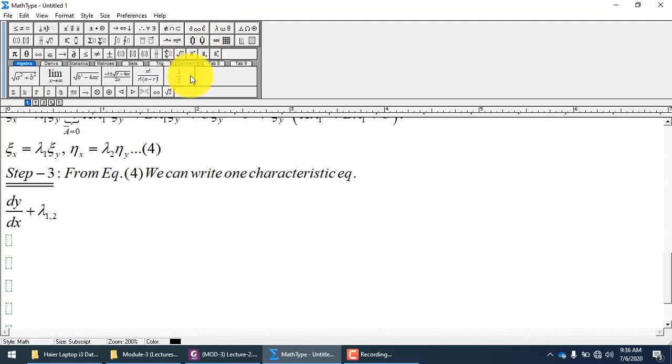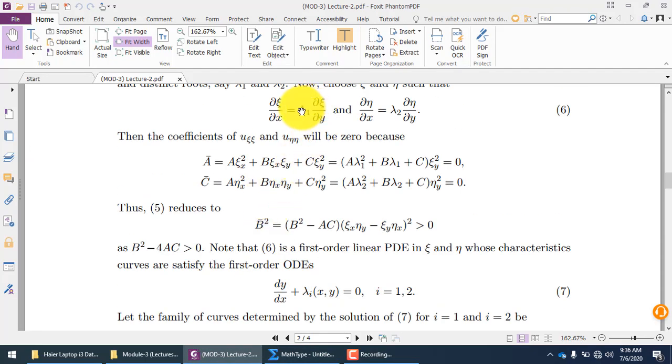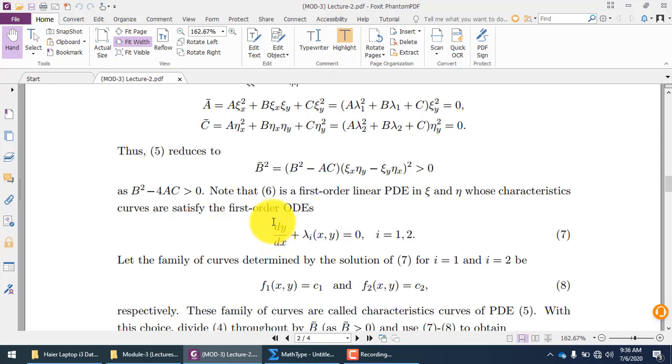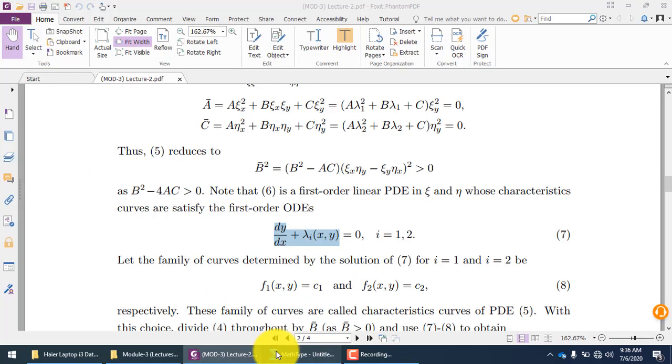This is the method of characteristics for linear partial differential equations, and you remember that for the linear case the characteristic equation was dy by dx equal to a. When it is equal to a, you can take it on the left hand side, and a is actually lambda 1 in your case. So the method of characteristics ordinary differential equation becomes dy by dx plus lambda 1 equal to 0 and dy by dx plus lambda 2 equal to 0.